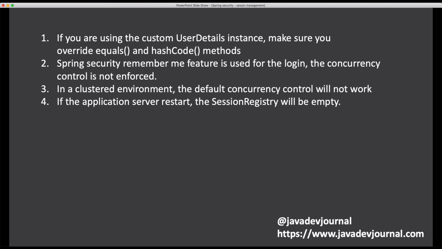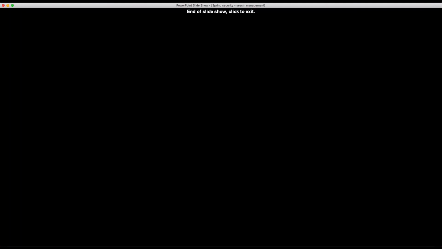That's how the entire application works. But from the Spring Security session registry perspective, it will still be zero. So there is a disconnect: you will be automatically logged in, but the session registry will say it's zero. That means if you try to log in from another browser, it will allow you to do that. Okay.